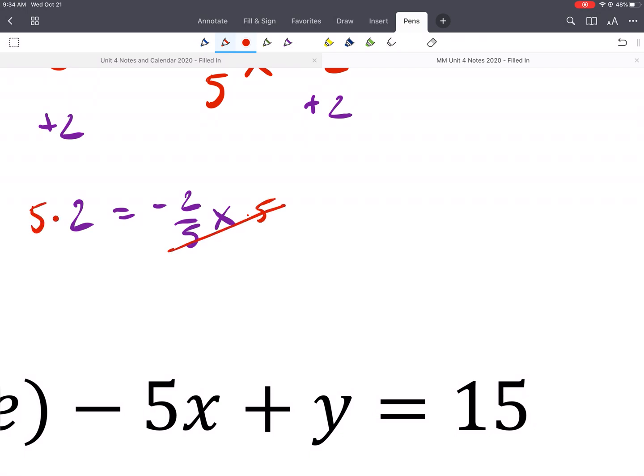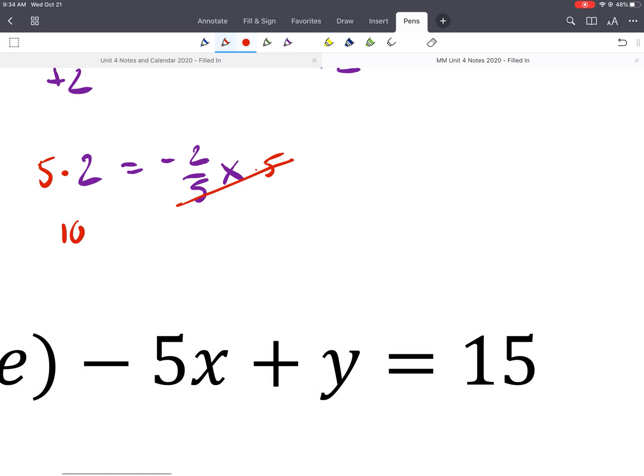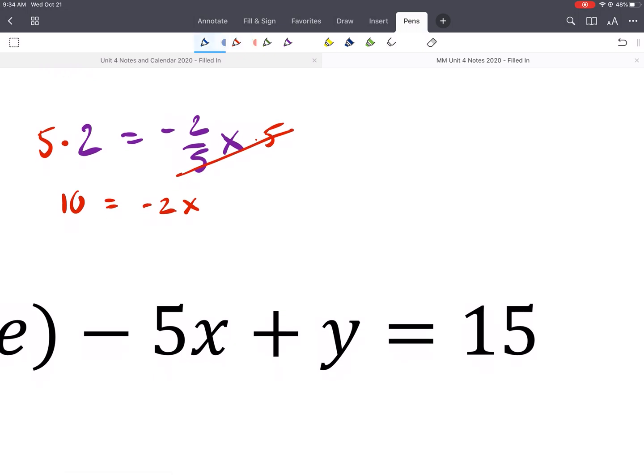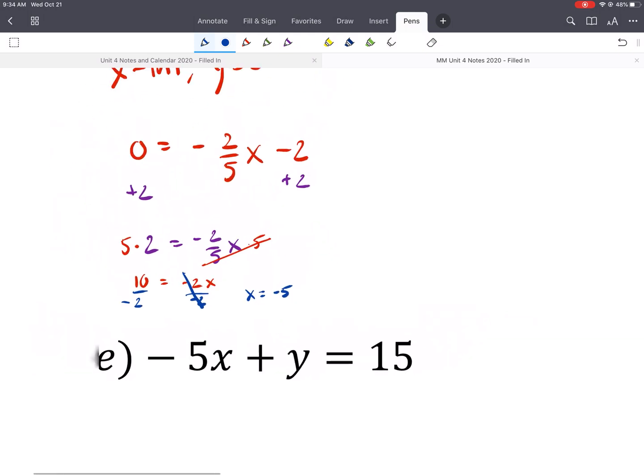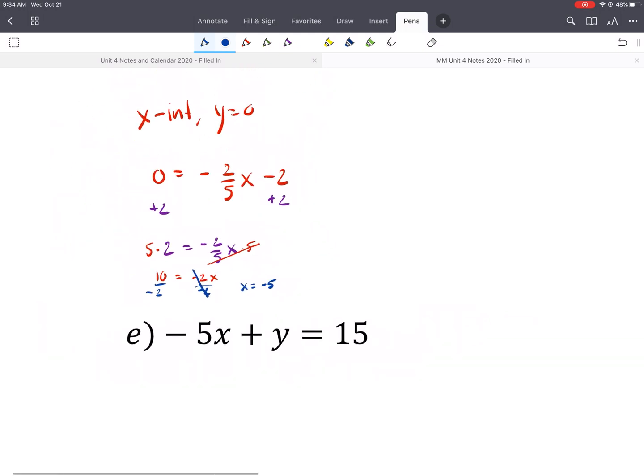The 5 and the 5 would cancel, so we'd get 10 is equal to negative 2x, and then we would perhaps divide both sides by -2. And we'd get x is equal to -5. Okay? That's probably how I would do it. All right, so now we have our x and our y. So we have (-5, 0) as our x-intercept.